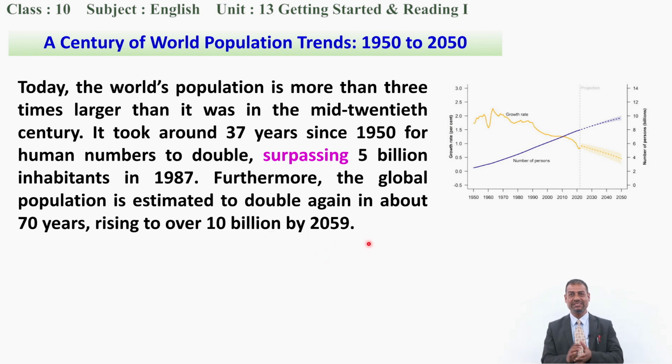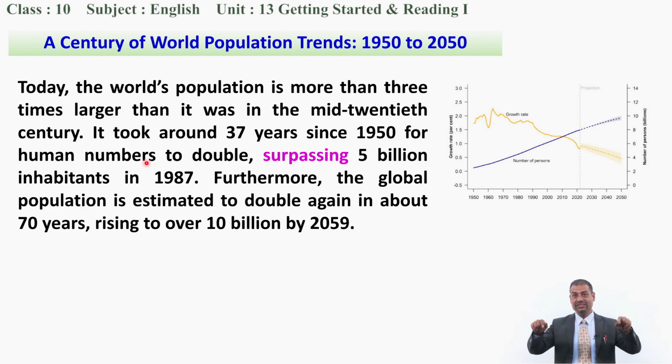So what information do you find here? Yes, you are right again. See, the world's population is more than 3 times larger than it was in the mid-20th century. So you have to understand that in the mid-20th century, the number of population was bigger or smaller. What do you think?